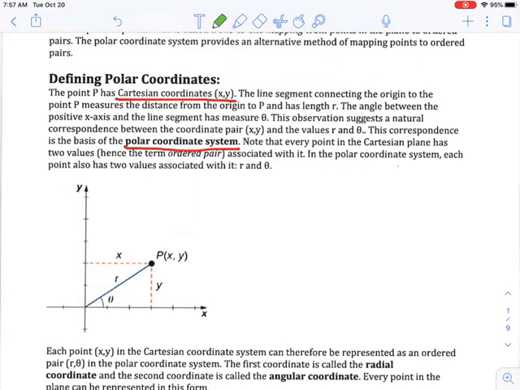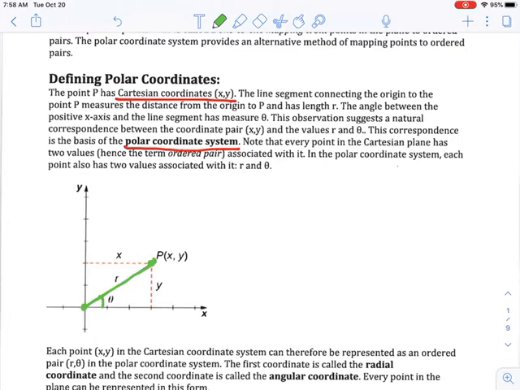So rather than saying, go so far along the x-axis and then so far along the y-axis, what we could say is, starting at the origin, let's create an angle of theta, and then walk along a line on that angle out a distance of r. So you create an angle and you create a distance r, and you can locate the point P.